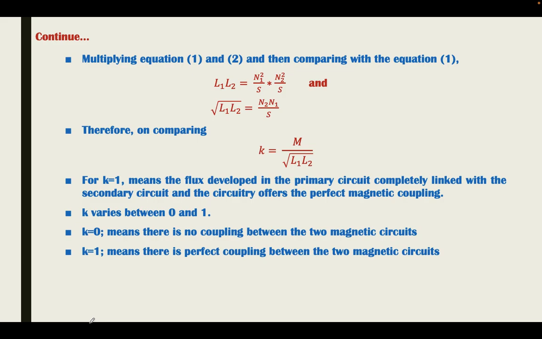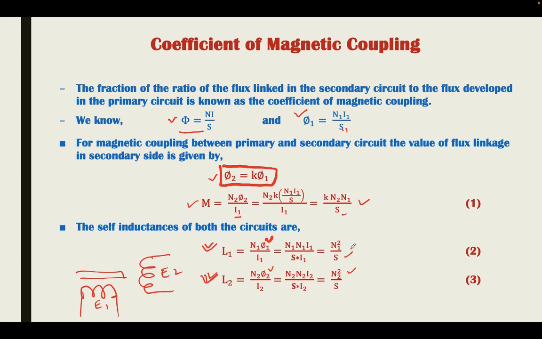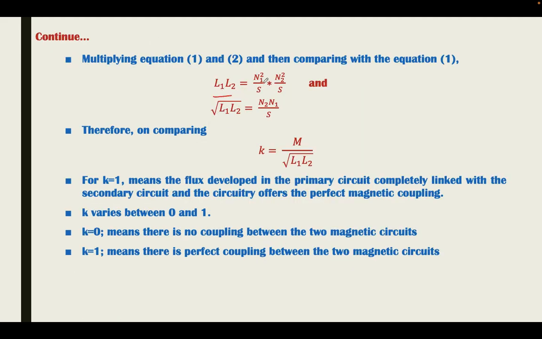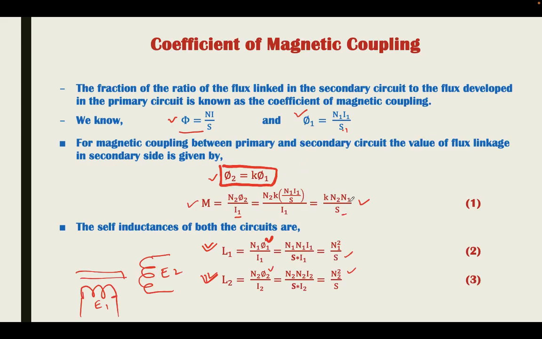Considering the same circuit, multiply equation 1 and 2: L1 into L2 is equal to N1 squared upon S into N2 squared upon S, and hence the square root of L1 L2 is equal to N1 N2 upon S. Now, comparing with the other circuit, N1 N2 upon S is nothing but M, and hence M is equal to N1 N2 upon S.